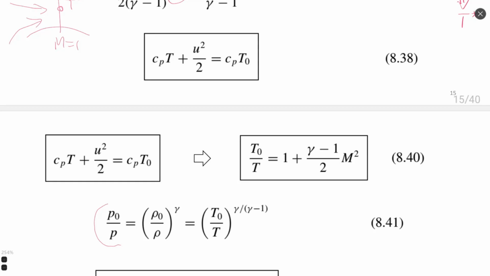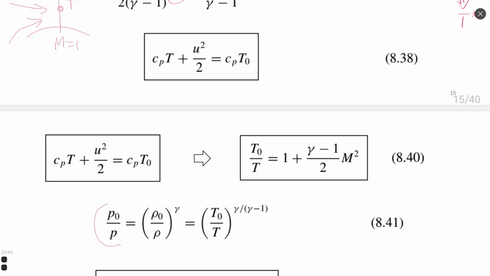It says that ratio of pressures is proportional to ratios of densities in the power of gamma and proportional to ratio of temperatures in power of gamma divided by gamma minus 1. So we just need the ratio of temperatures, and we can work with other thermodynamic properties.